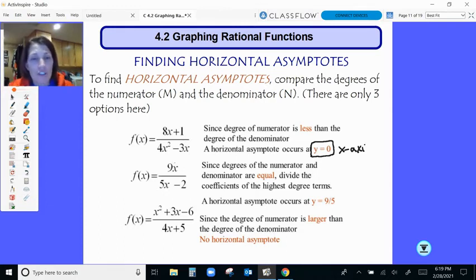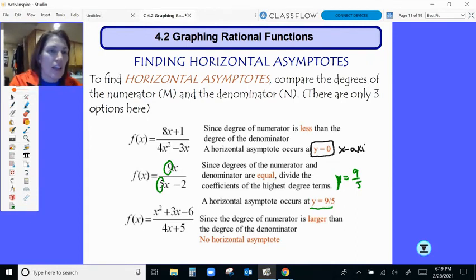If the powers are equal, so it's the same, we're going to divide our leading coefficients. So we take our 9 divided by 5, and so it's going to be y equals 9/5 right here.